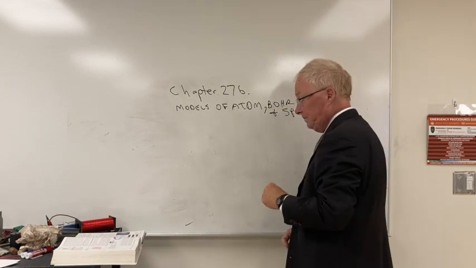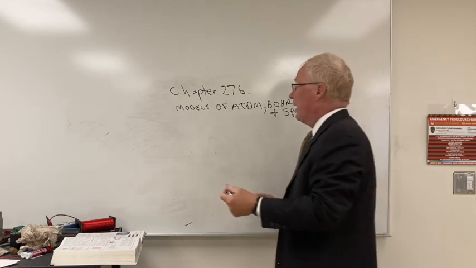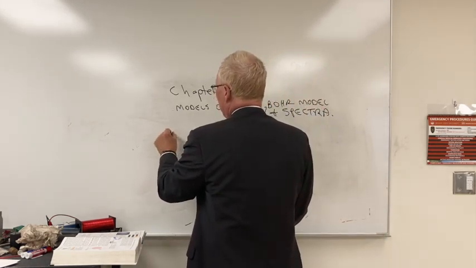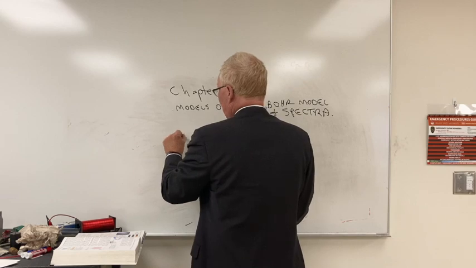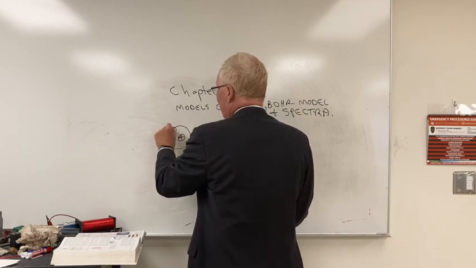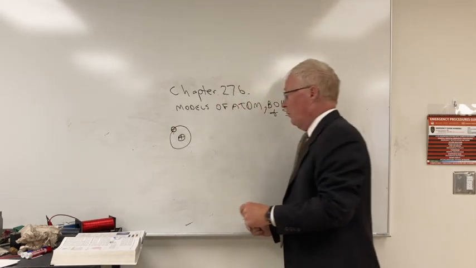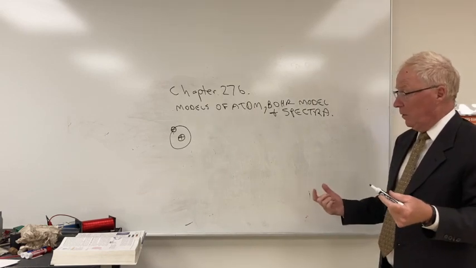Okay, so you look at the atom. The atom is composed of, looking at the simplest one, hydrogen, an electron orbiting around somehow or somewhere.